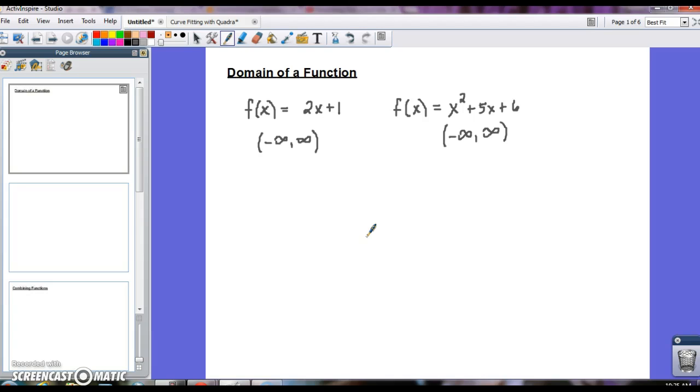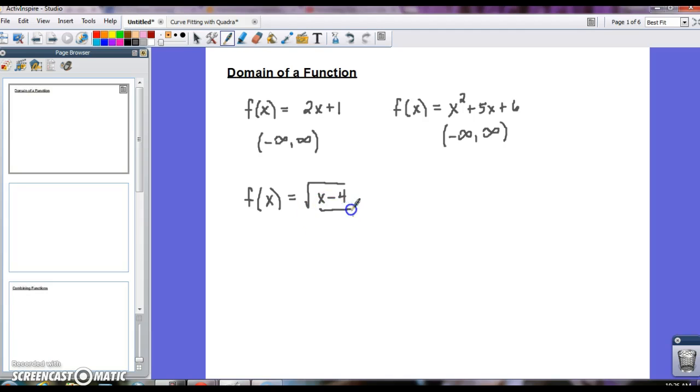It's when we get into more advanced types of functions that we have to be a little bit more careful. When we are dealing with root functions, more specifically even root functions, because you can take the cube root of a negative number or fifth root of a negative number, right? Those really don't have any restrictions, but when you're talking about taking the square root of something, when we're talking in the realm of real numbers, we know that that has to be greater than or equal to 0.